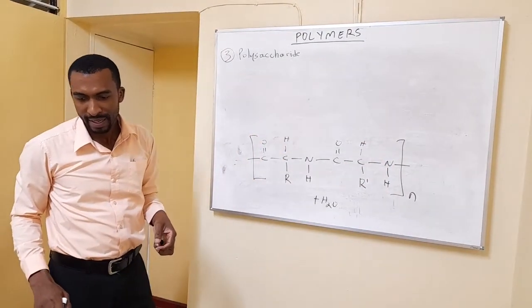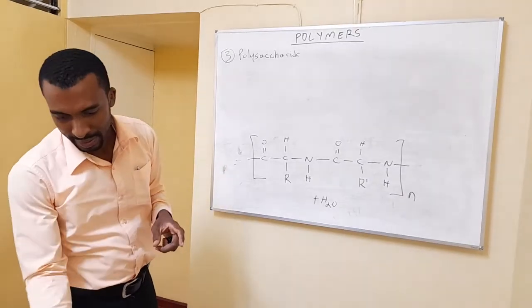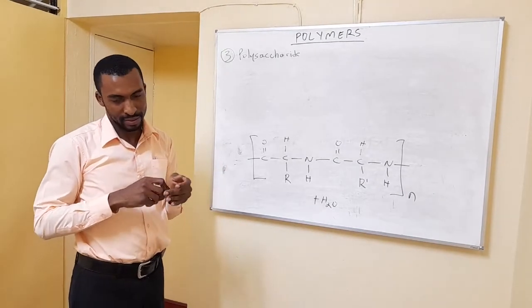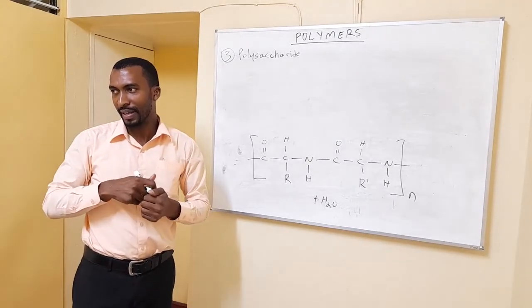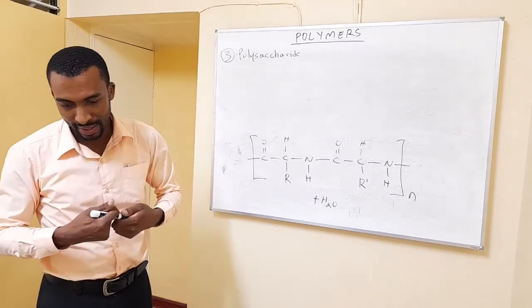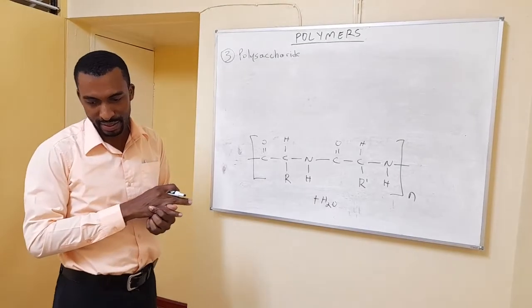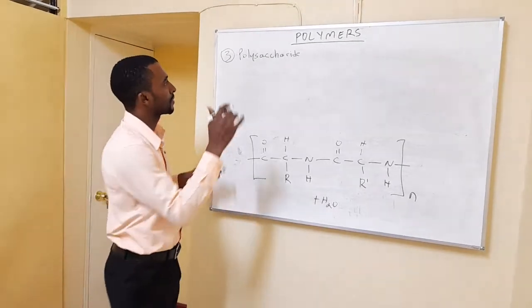So, the final type of condensation polymer is the polysaccharide, and they don't have any synthetic form of polysaccharide. It only exists naturally, right? Examples are starch, glycogen, and cellulose.